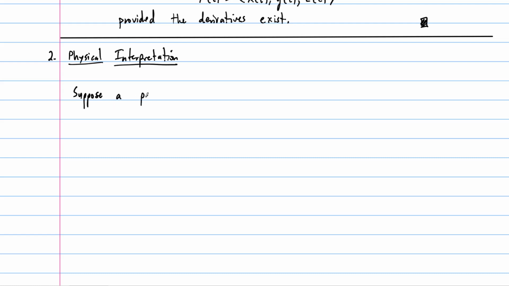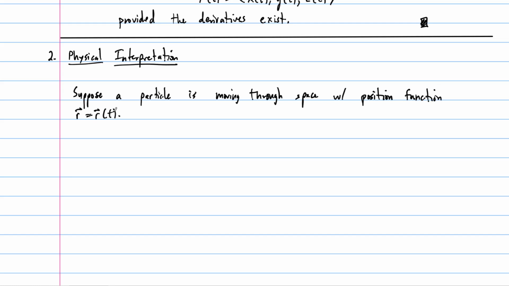Let's suppose a particle is moving through space with position function r of t. So r equals r of t.